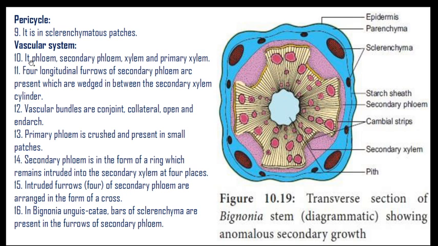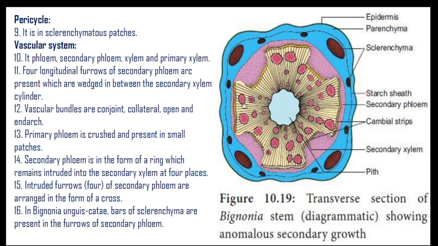In case of the vascular system, phloem, secondary phloem, xylem, primary xylem are present. Four longitudinal furrows of secondary phloem are present which are wedged in between the secondary xylem cylinder.